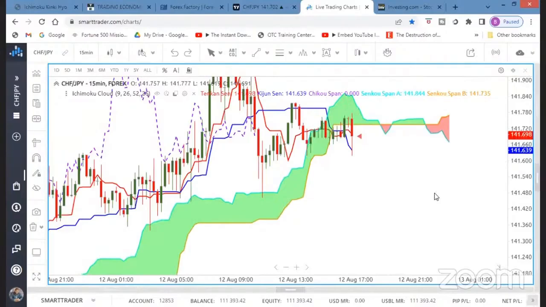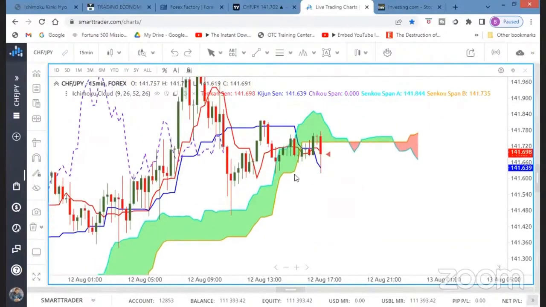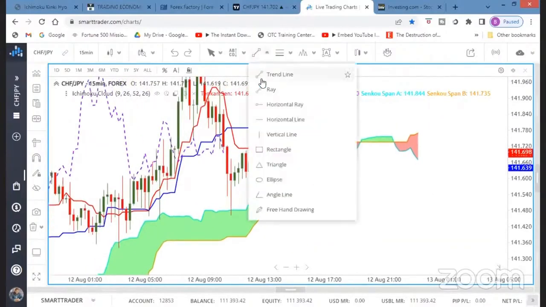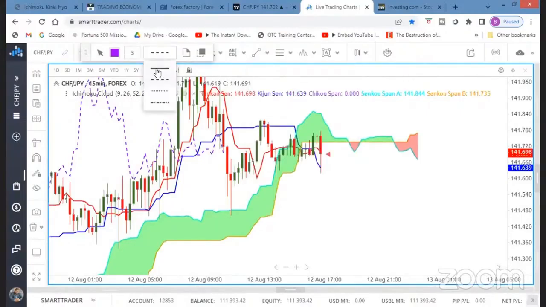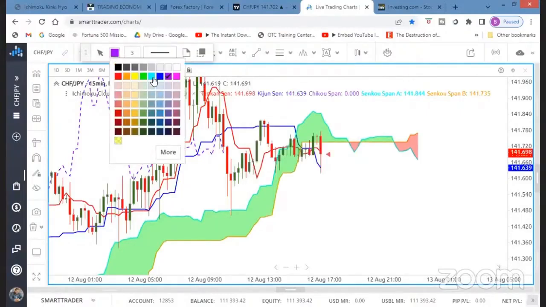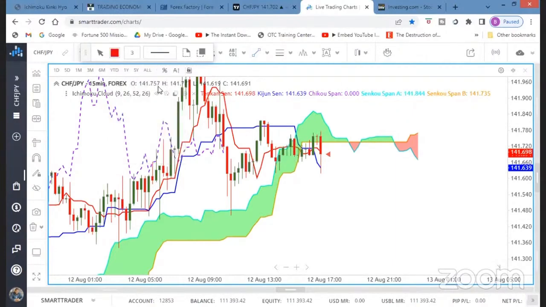Okay, so then think about it. You remember how, if you watch the videos, and you've been on some of the sessions, we talk about the stair step for support and resistance. Look. See how it's moving down?